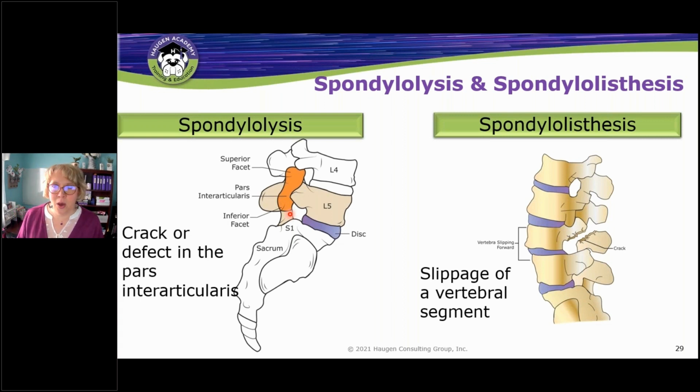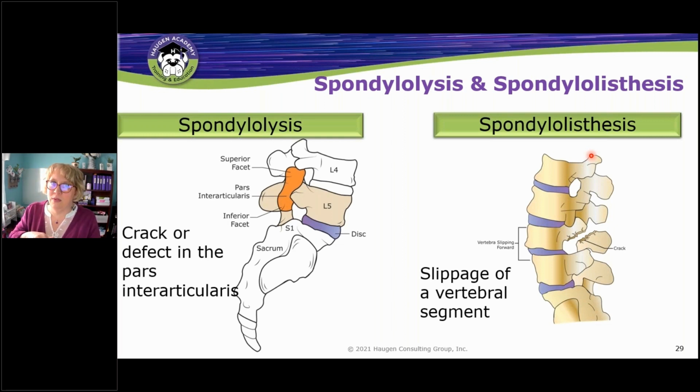So spondylolysis, and again, it's got the LOL in the middle, but it's no laughing matter because spondylolysis usually results in spondylolisthesis, and that's where you've got that slippage of that vertebral segment forward. And remember, you've got a spinal cord that's moving down through the center of those bones.